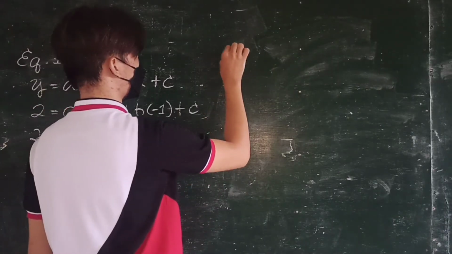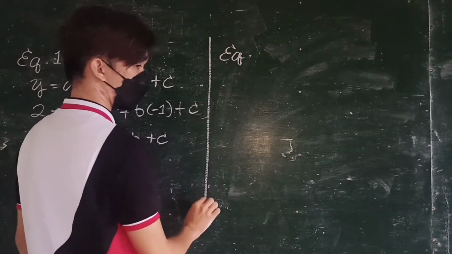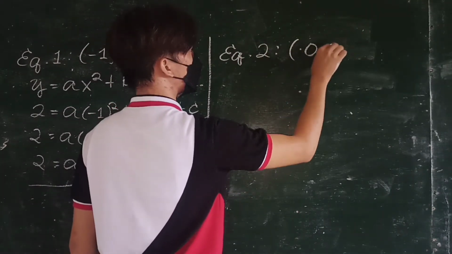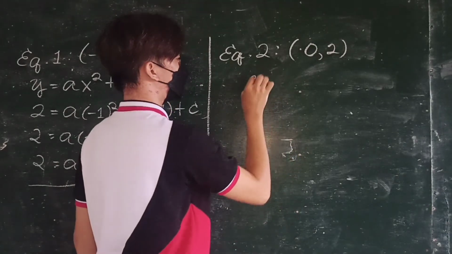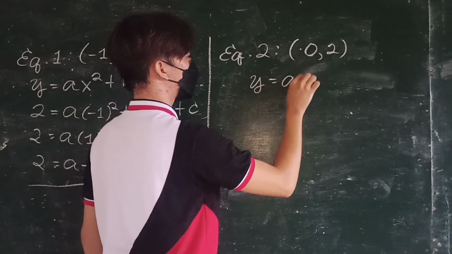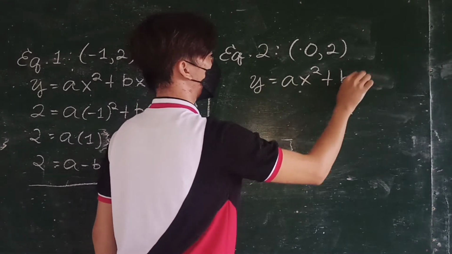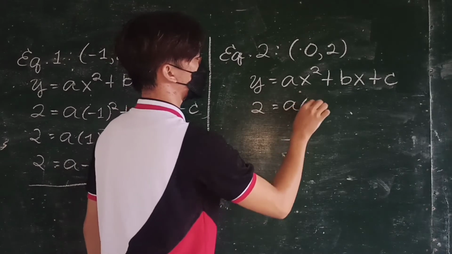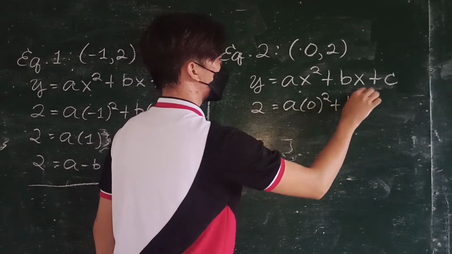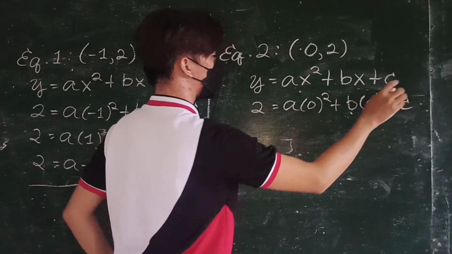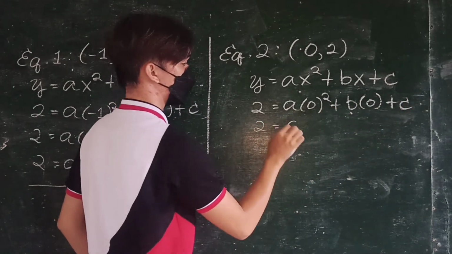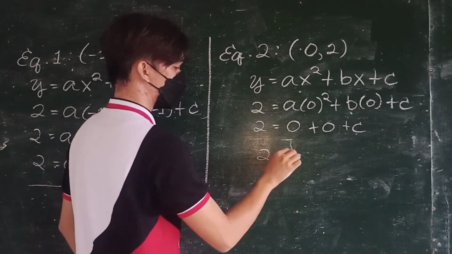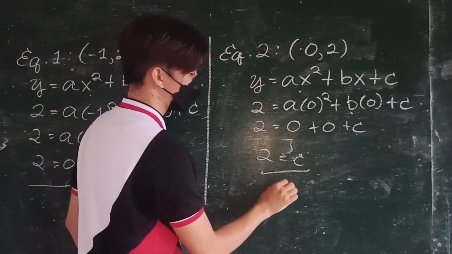For equation 2, we are going to use 0, 2. The same process. We write the general form of the quadratic equation. So we substitute 0 and 2. Equation 2 is 2 equals c.